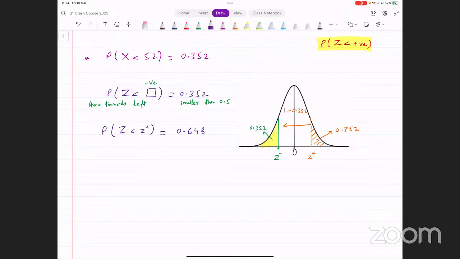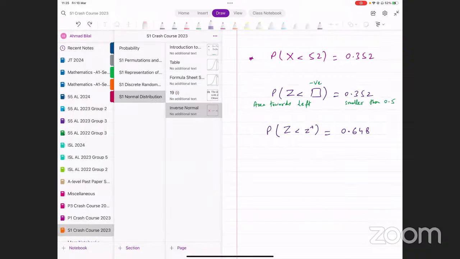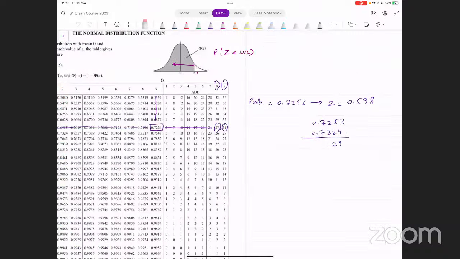And now we have the standard form. This is something that we can find from the table. Okay, so now the probability is 0.648. Let's look for the corresponding value of z from the table. Now it's the standard form. Let's go to the table and figure out the corresponding value for z. 0.648, keep that in mind.